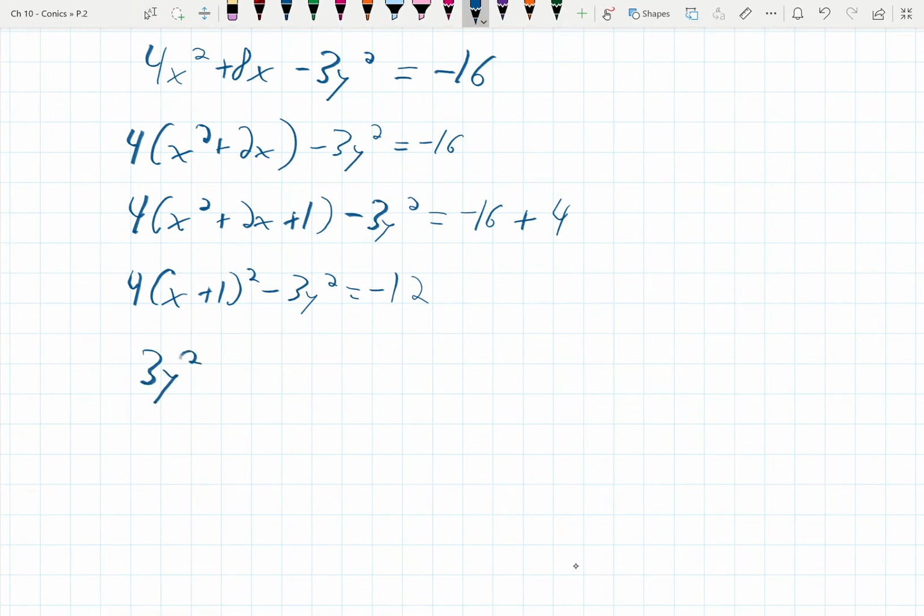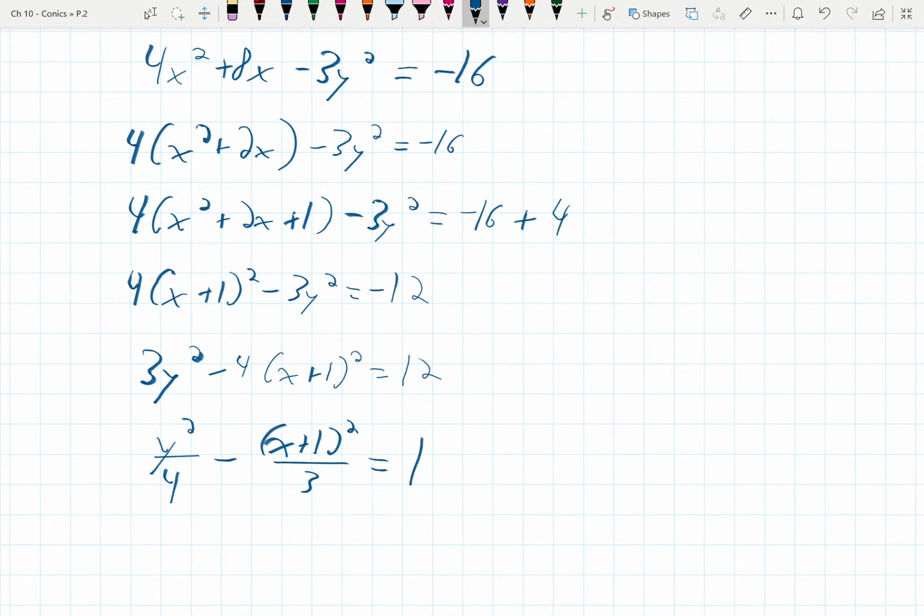Or 3y squared minus 4 times x plus 1 squared is equal to positive 12. So I just switched everything around. This is why now it's a y squared first, not an x squared first. Divide and we get y squared over 4 minus x plus 1 squared over 3 is equal to 1.